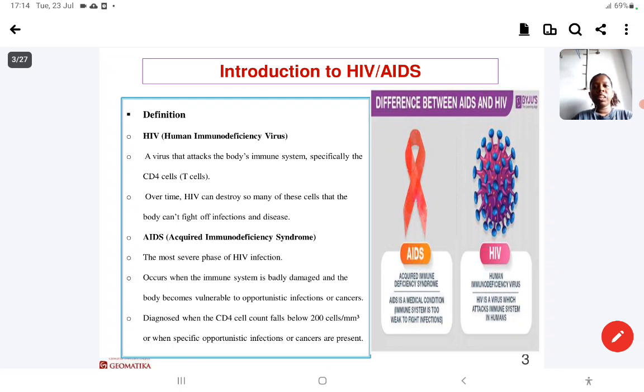The definition is a virus that attacks the human body or human immune system, specifically the CD4 cell, which means T cell.